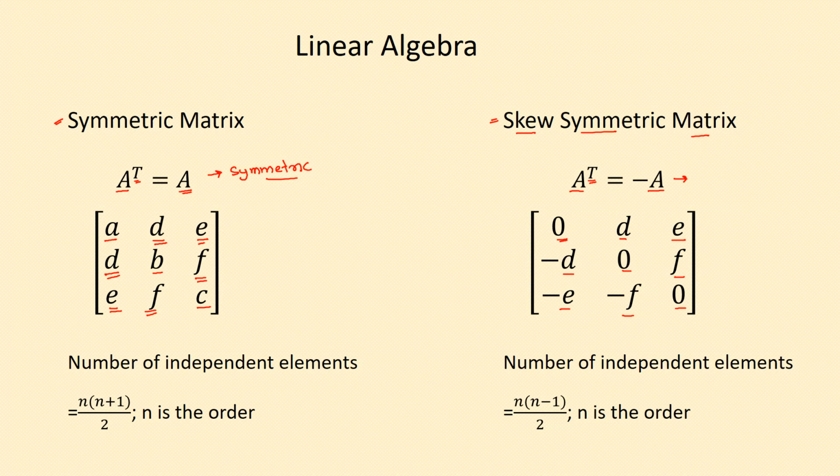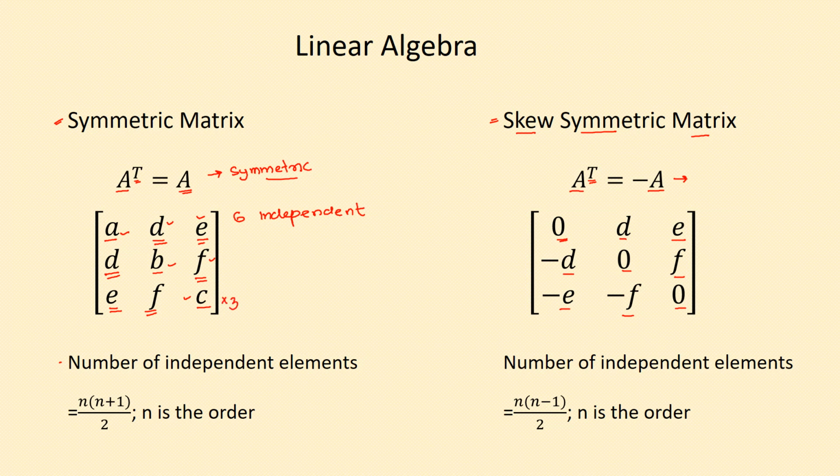Now coming to the next point regarding the symmetric matrix, the number of independent elements in the matrix. Let us count the number of independent elements: A, B, C, D, E and F. So there are 6 independent elements for a symmetric matrix of order 3.